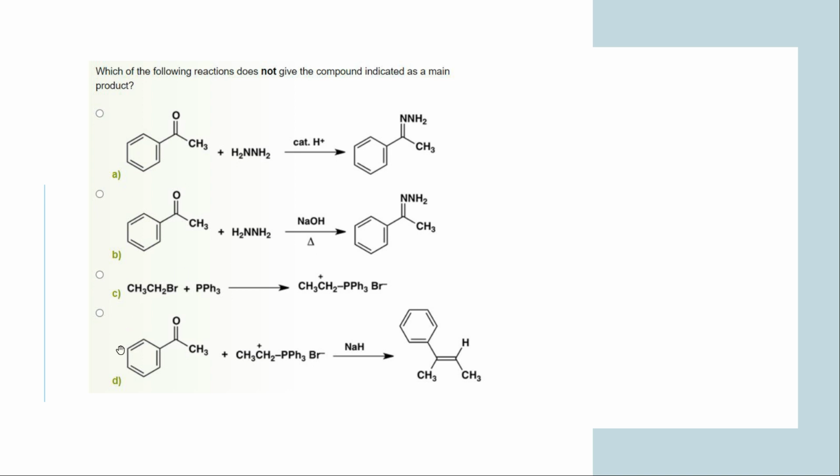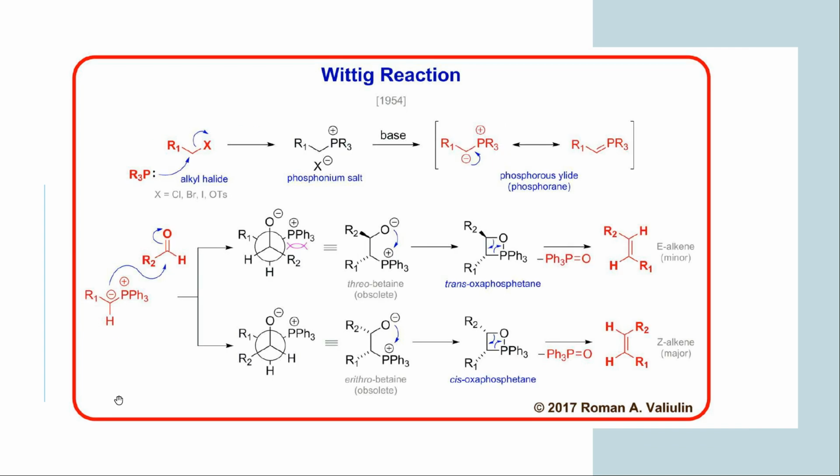Then if we move to option C and D, these two options are together showing a Wittig reaction condition, okay? What happens in Wittig reaction? You get phosphorus ylide formation first by the reaction of triphenyl or trialkyl phosphine and alkyl halide, and this phosphorus ylide gets added to the carbonyl compound to give you a four-membered oxaphosphetane intermediate.